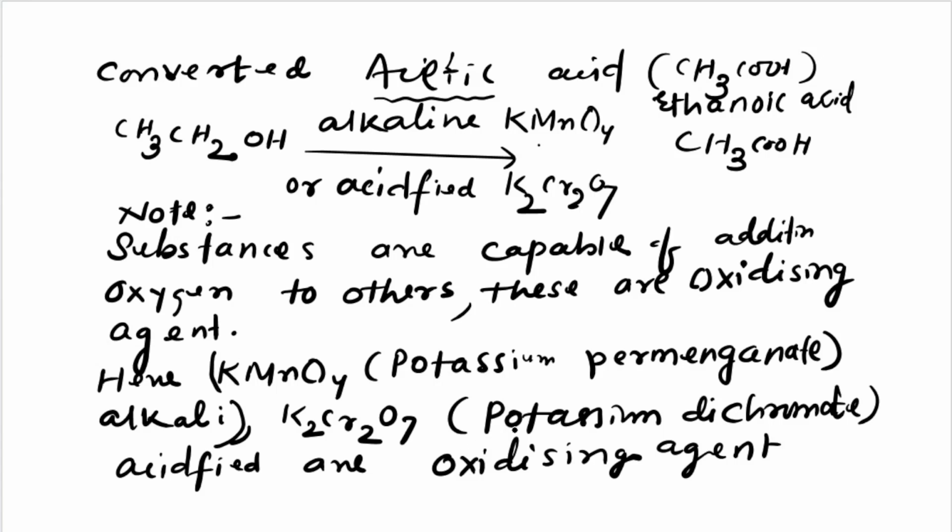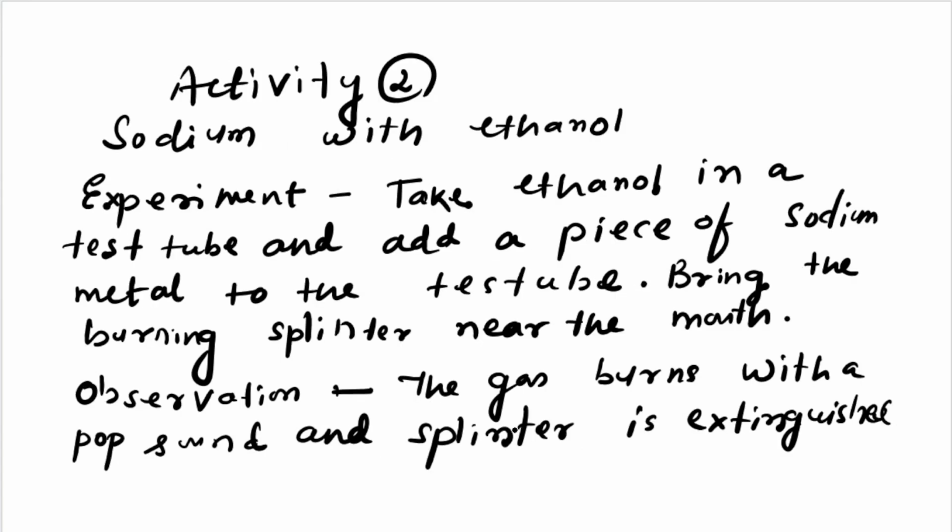Both are oxidizing agents. Is it clear? An oxidizing agent is one which oxidizes others and itself is reduced. For example, alkaline potassium permanganate and acidified potassium dichromate are both oxidizing agents. Then you will see activity 2.